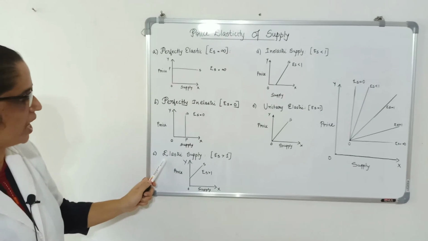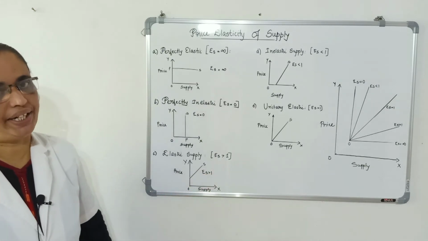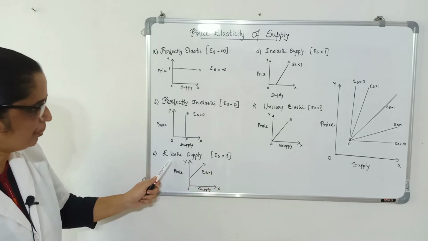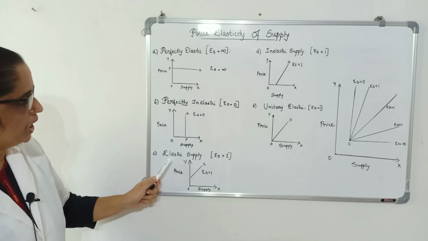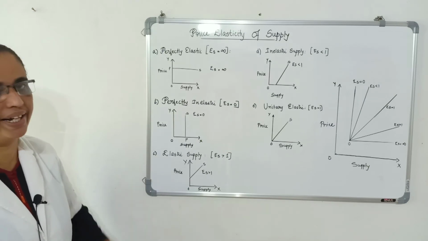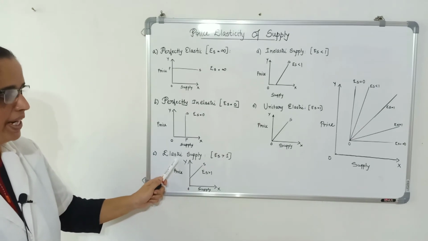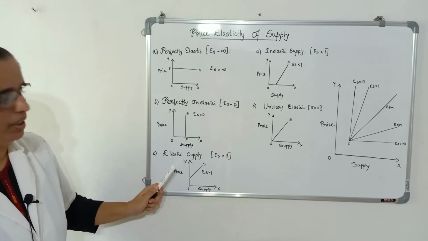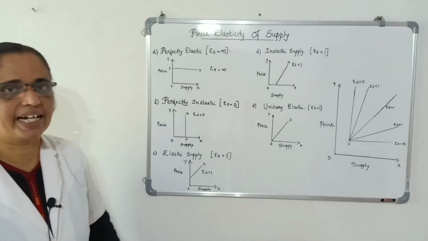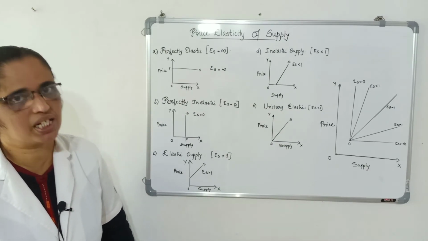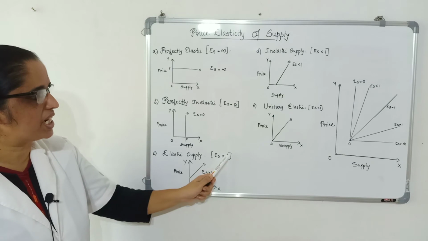Now the third one, elastic supply. Elasticity of supply is greater than 1, or greater than unity. Elastic supply can be defined as follows: if the percentage change in quantity supplied is greater than the percentage change in price, supply is said to be elastic. That is, elasticity of supply is greater than 1.